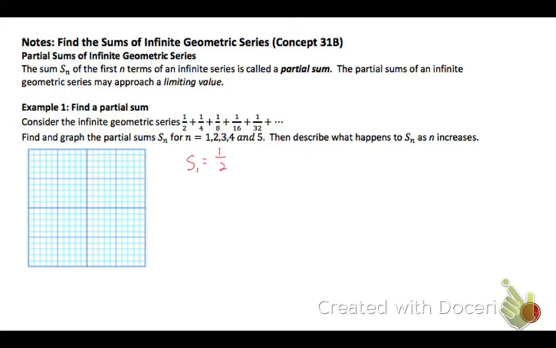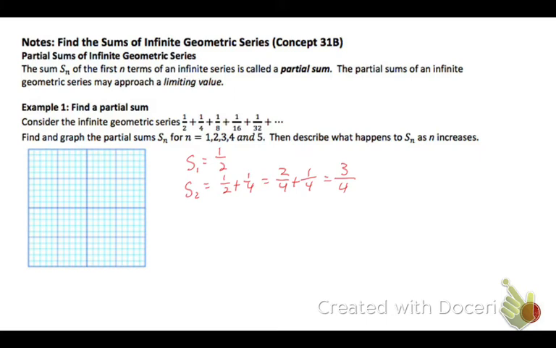The sum of the first term is just a half. Capital S sub 2 means the partial sum of just the first two terms. So a half plus a fourth, with a common denominator, gives us 3/4.